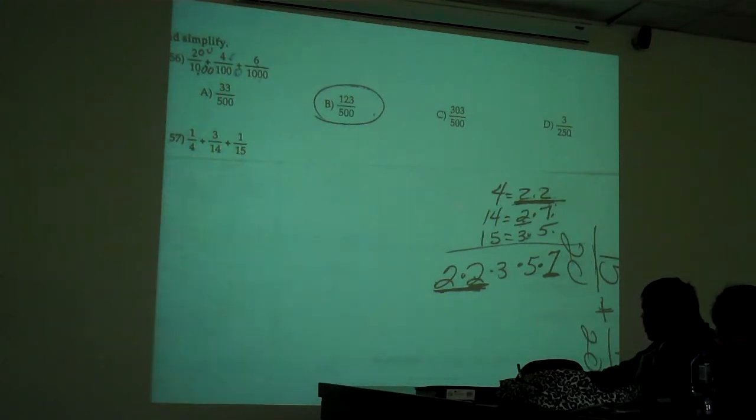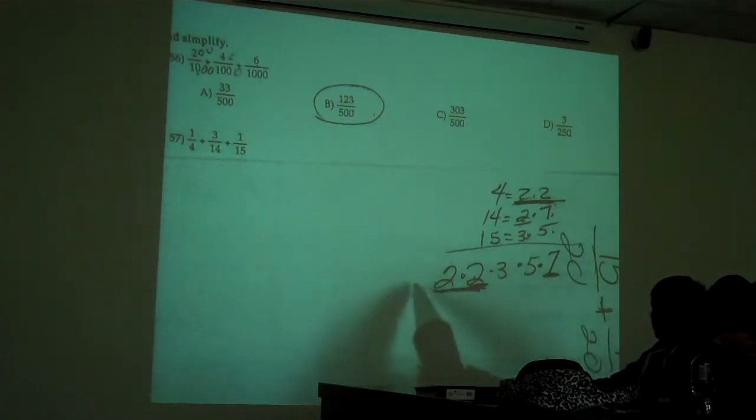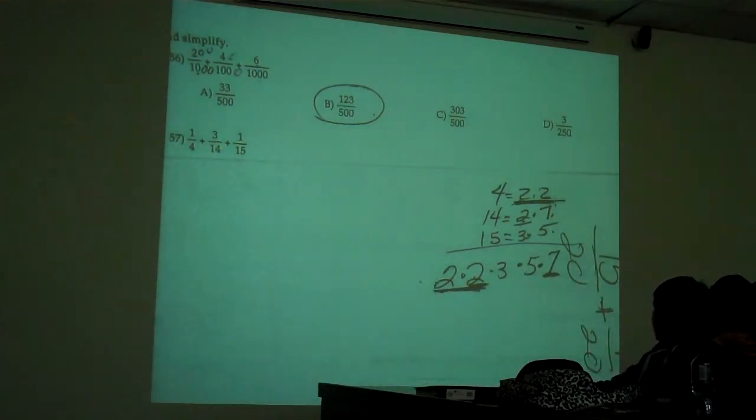Now, greatest common factor is when they're in all 3 numbers. The least common multiple for common denominators, you want to make sure you put every factor the most amount of times that it shows up. Okay? This will be the smallest number. You could have put another 2, but you would have just had more dividing to do at the end. You could have done that for a common denominator.